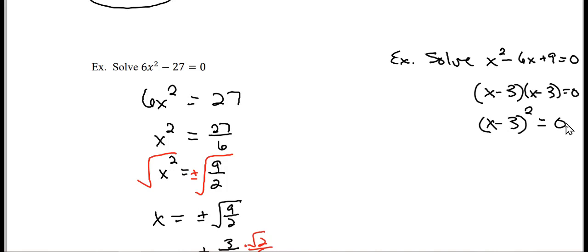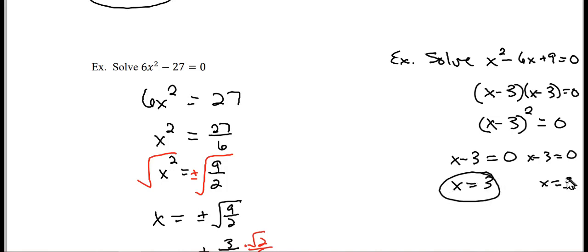And now you can either use your square root property or your factor theorem where you can set the factors equal to 0. It doesn't really matter. You'll get the same thing. I prefer the factoring: x minus 3 equals 0. The other factor is x minus 3 equals 0. That doesn't give you a different solution. x equals 3, x equals 3.